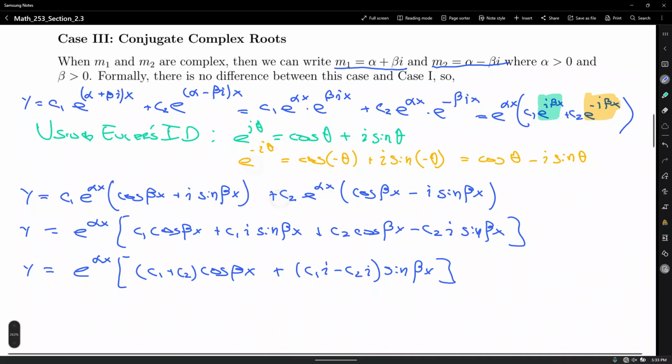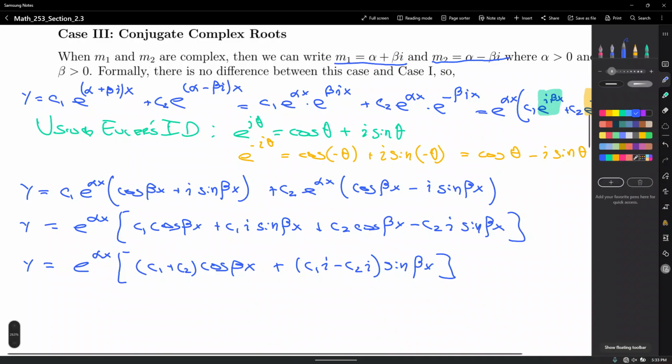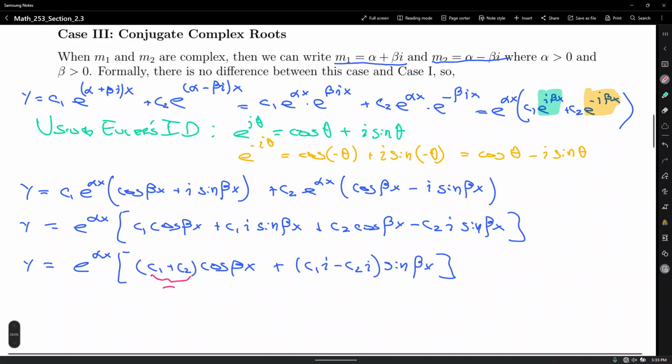Well, C1 plus C2, remember, by absorption, a constant plus another constant is just another constant. So this guy equals C1, and these other constants, including the i, just call it another constant.